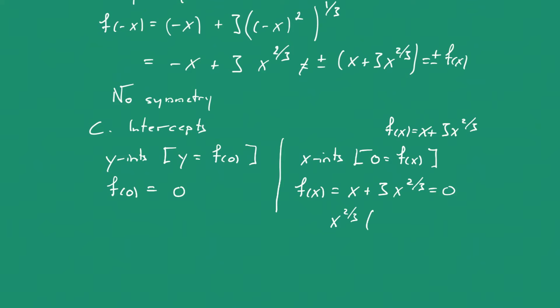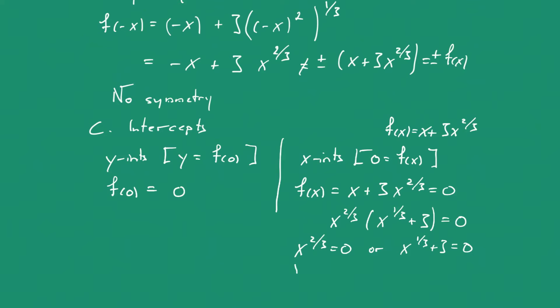So this looks like x^(2/3) times (x^(1/3) plus 3). So we're wondering then, when does this product equal 0? That can happen if x^(2/3) is 0, or if the other factor, x^(1/3) plus 3, is 0.